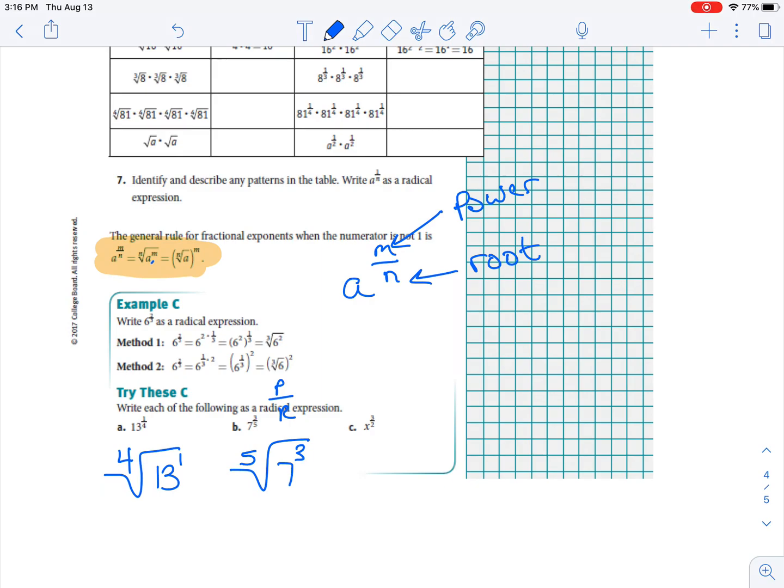And the last one is going to be, power over root, so it's going to be the square root of x cubed. However, this one can be broken down because there are actually 3 x's. And since remember that's like a square root, we can pull out one of them, one group of 2. So we'll have x come out, and we'll have x stay in.